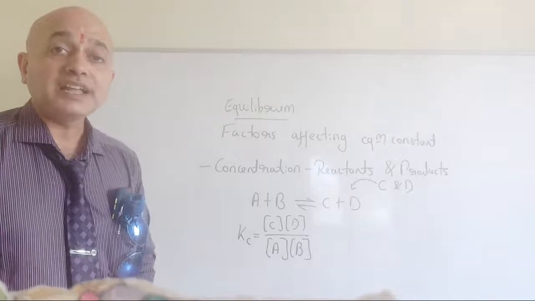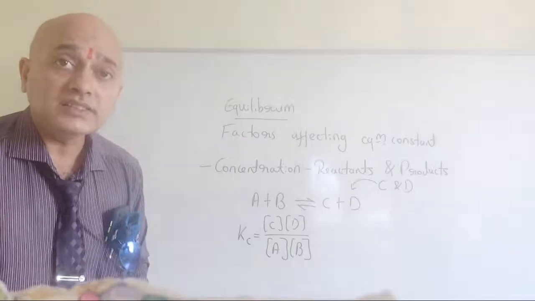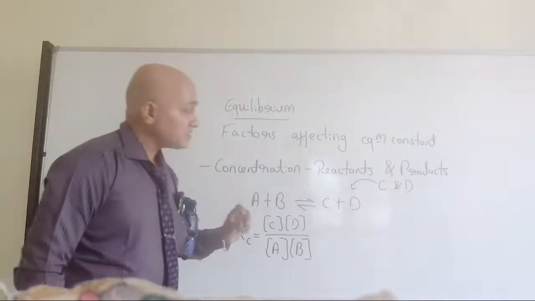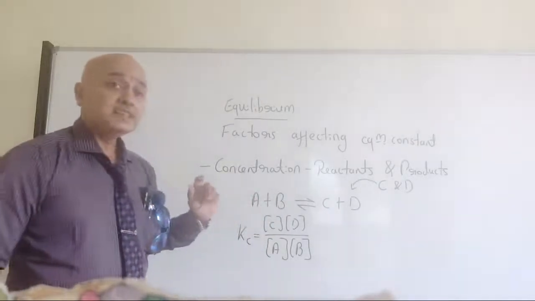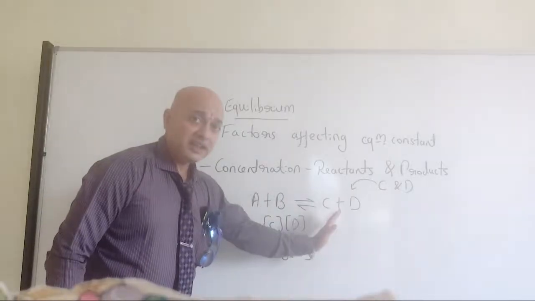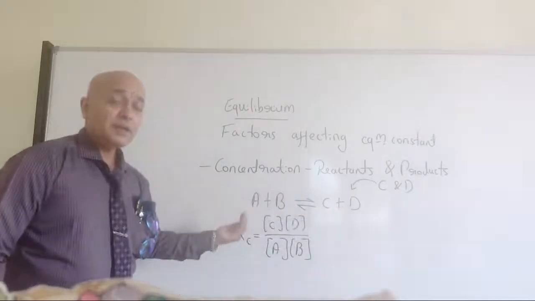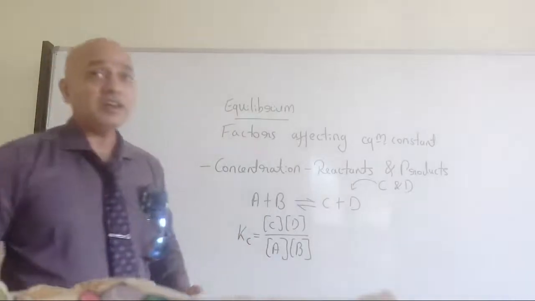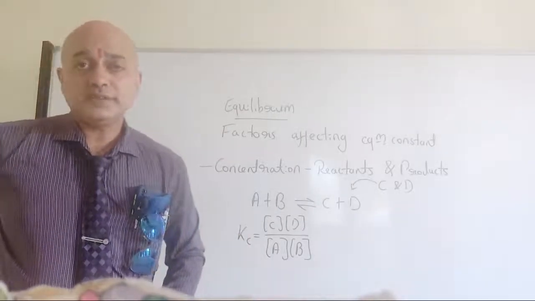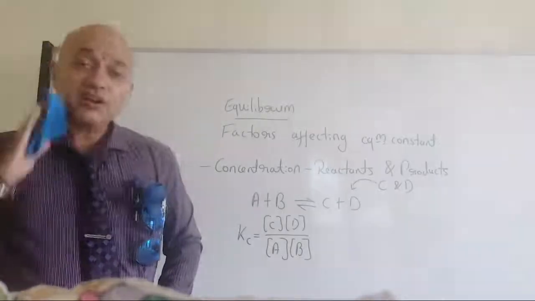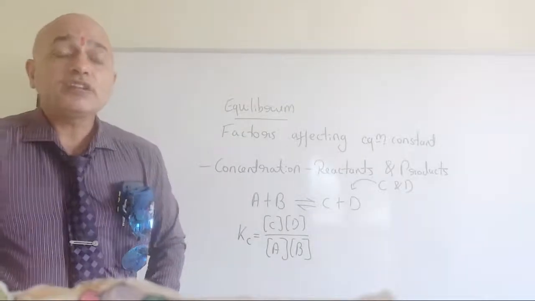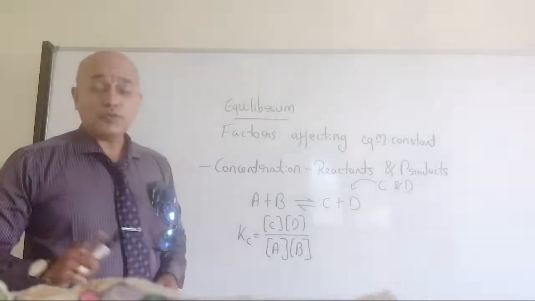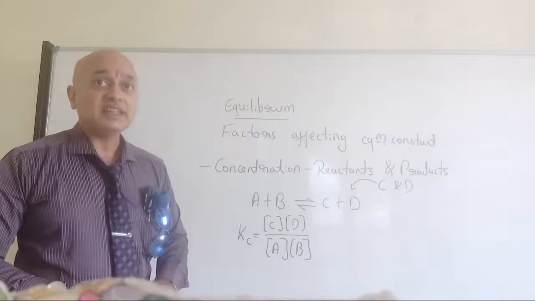So depending on the concentration of A and B, or of C and D, the reaction will move either in the forward direction or the backward direction. That is the effect of concentration on equilibrium.